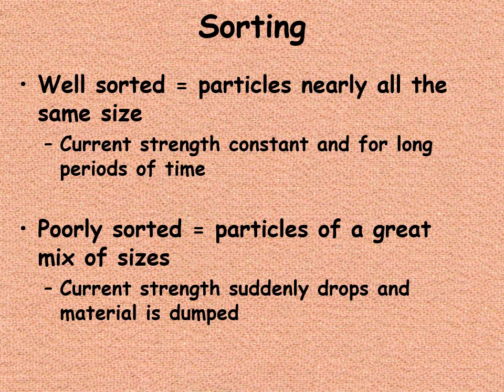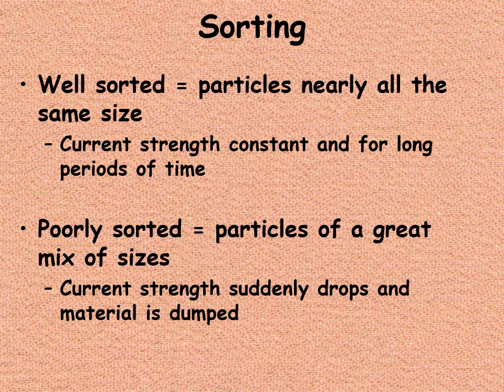So for a long time the same energy condition of the depositional medium was occurring there, whereas where you get poorly sorted or ill sorted grains, that is deposition of different size particles, you can interpret that with time the current strength or energy condition of the depositional medium was fluctuating.